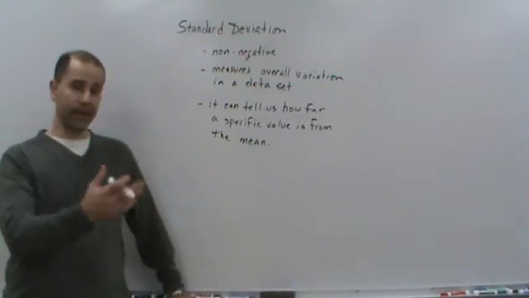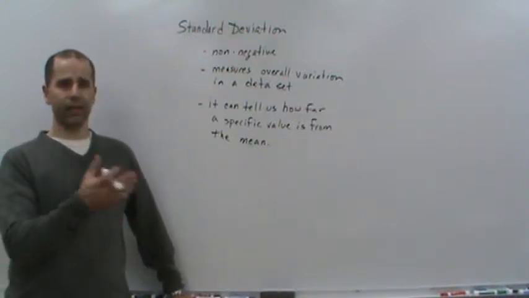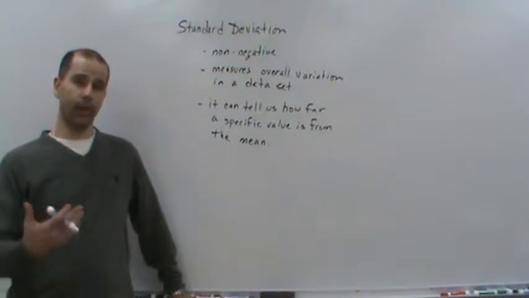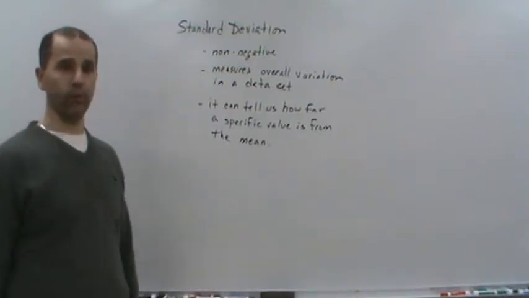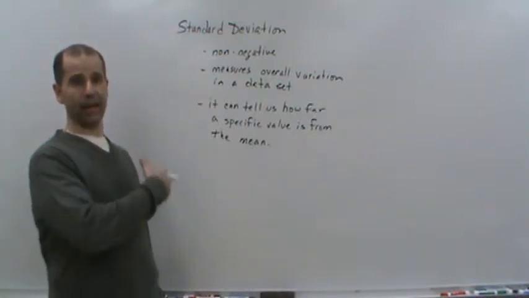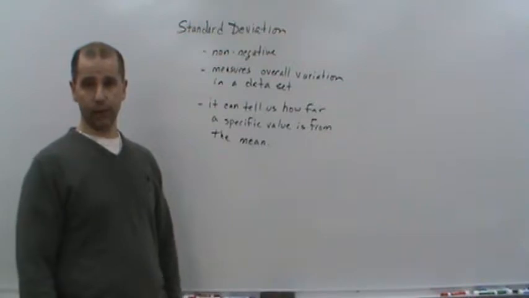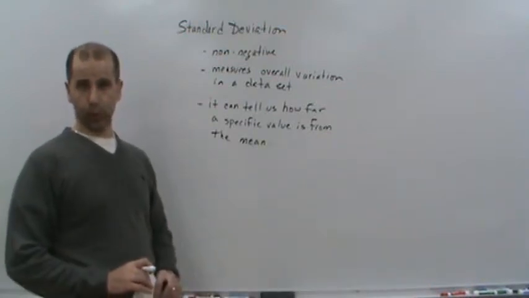With modern technology, like the graphing calculator that I'll show you in another video, you can calculate this immediately without using the formula. But we're going to start with the formula because you have to know what goes into it and how you derive it. Once you know the concept, what it's used for and how to interpret it, then you can just get it from your calculator or a software program.